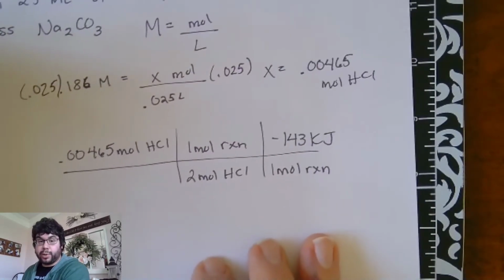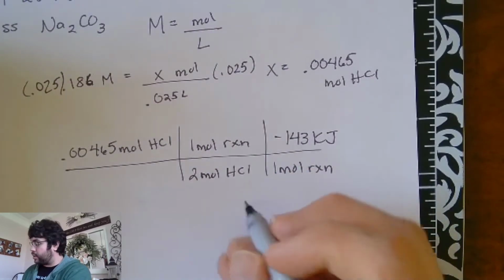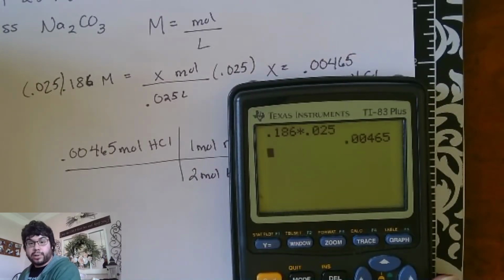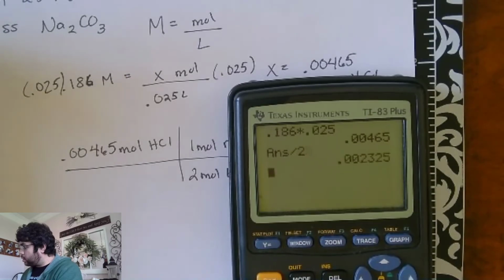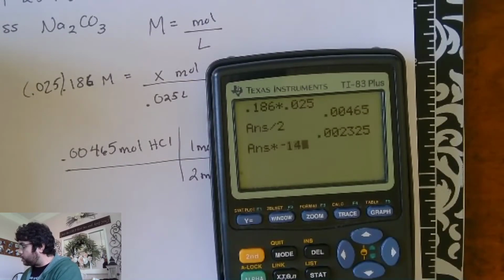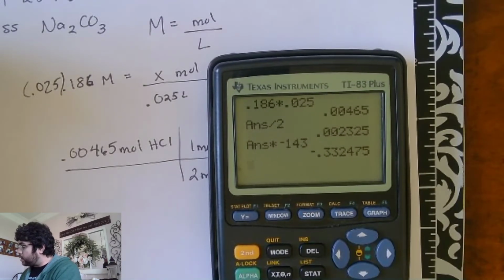So negative 143 kilojoules per 1 mole of reaction. And there's our answer here. Let's go ahead and do the math. 0.00465 divided by 2, and then multiplied by negative 143. And I get a funny number, negative 0.332.